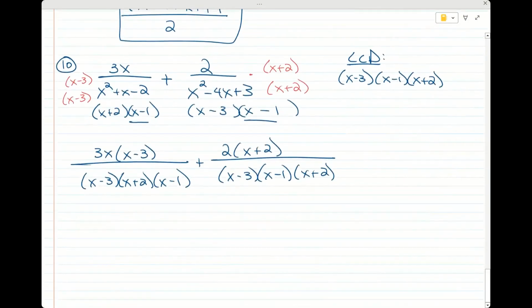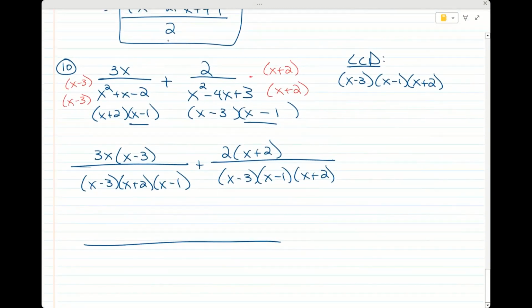Because they have the same denominators, that means that we can go ahead and combine those fractions. And we could go ahead and combine the numerators too.